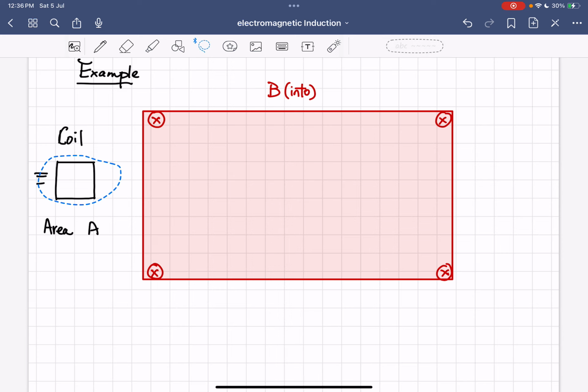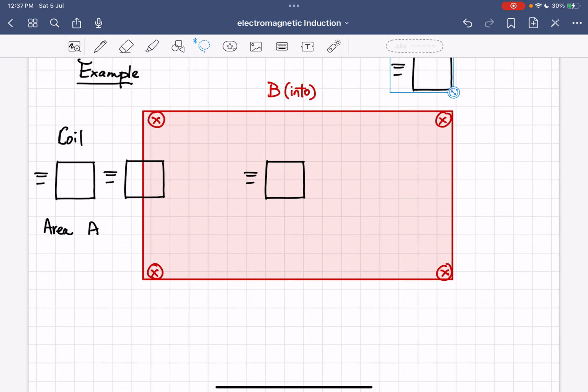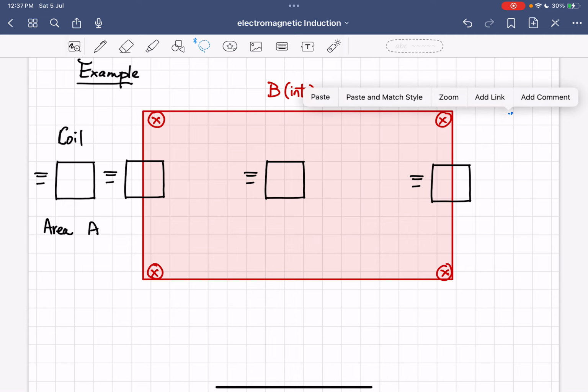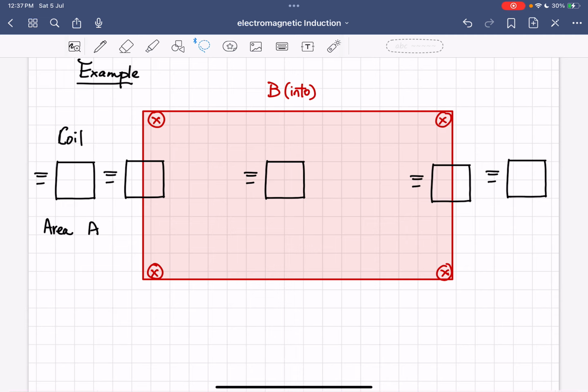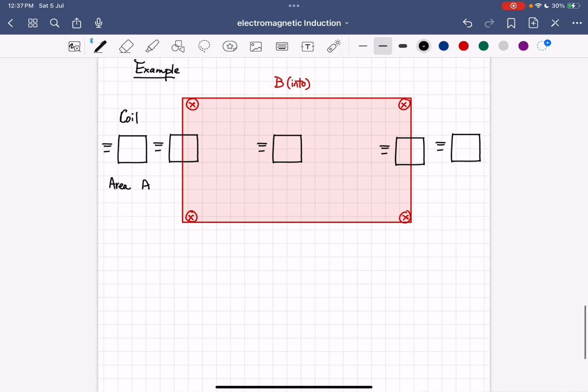As this coil is moving, it will be entering the field, then completely inside the field, then leaving the field, and then completely out of the field, like this. At these instants you find that the only thing changing is the A. Because you look at the magnetic flux linkage, this would be N times B times A times cosine theta.